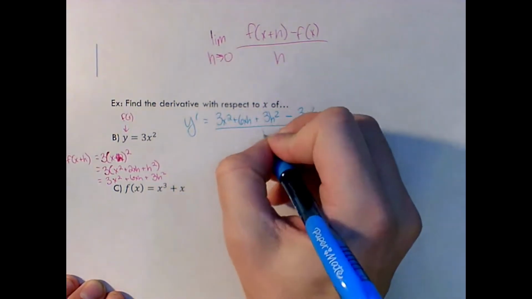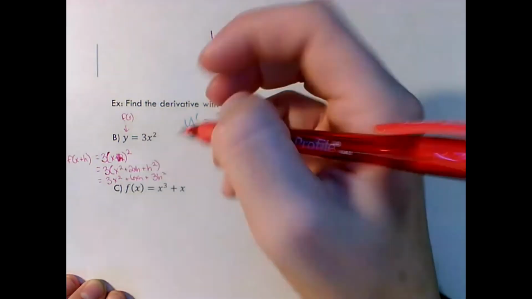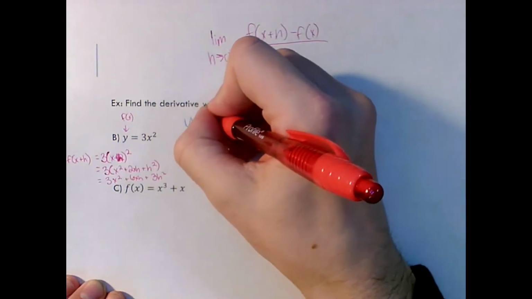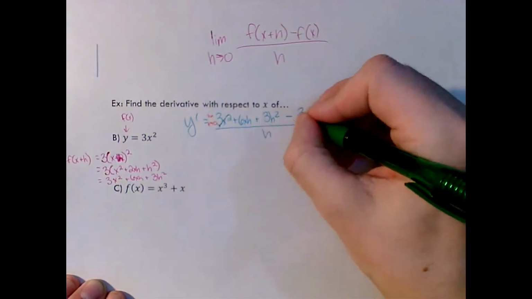Oh, I forgot to write out what the limit was. So the limit as h approaches 0. Squeeze that in. Very easy to forget that, but you should never not write it out, even though it's easy to forget. These go away.